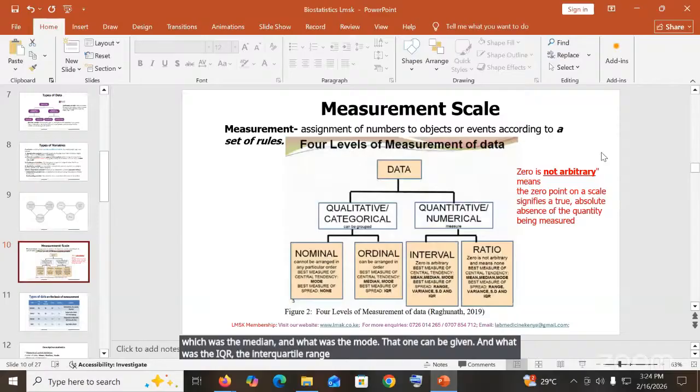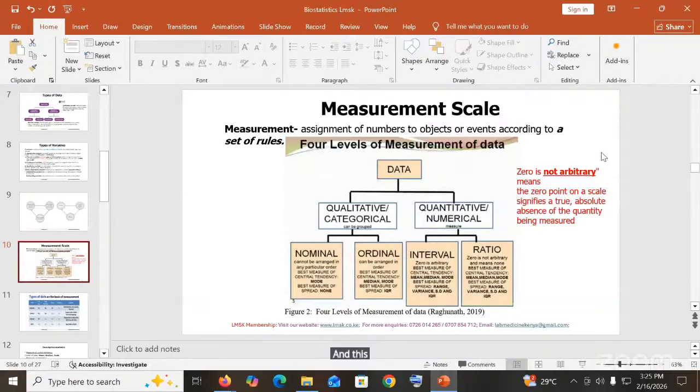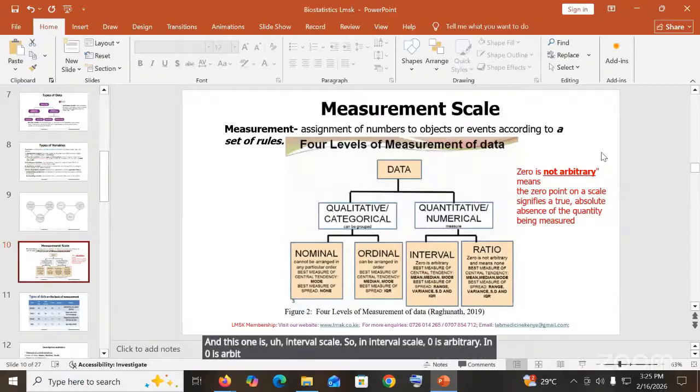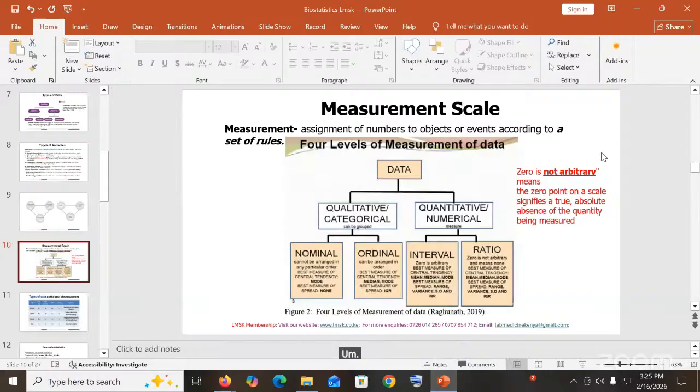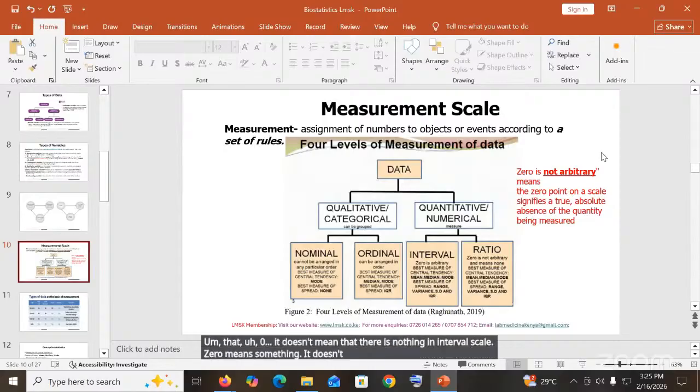Then we have another data under the quantitative or numerical one, and this one is interval scale. In interval scale, 0 is arbitrary. This means that the 0 point on a scale does not signify a true 0. It doesn't mean that there is nothing, or absolute absence.